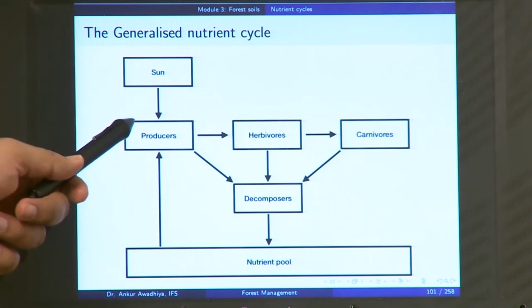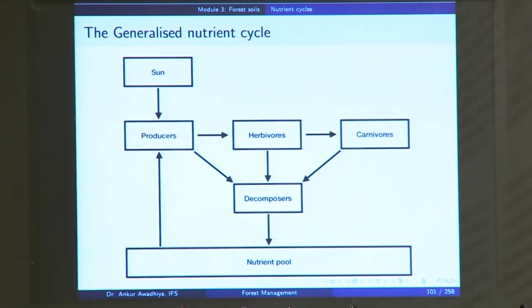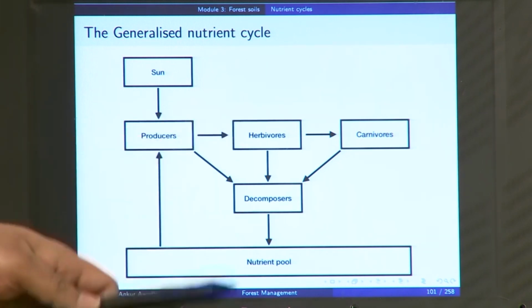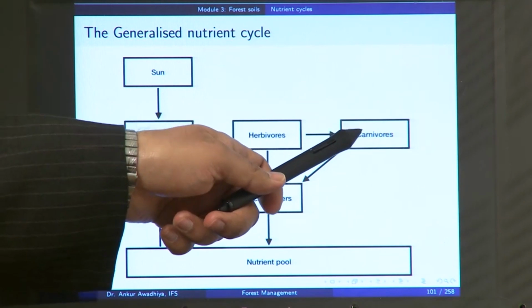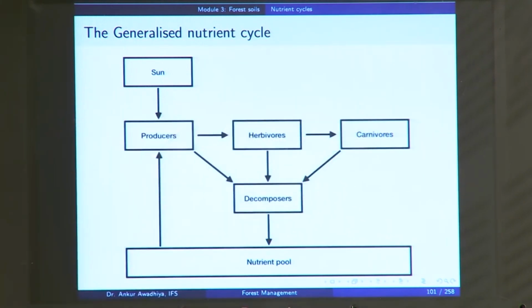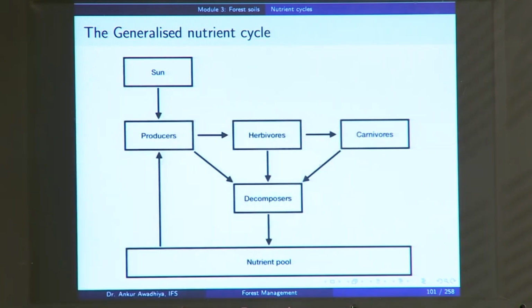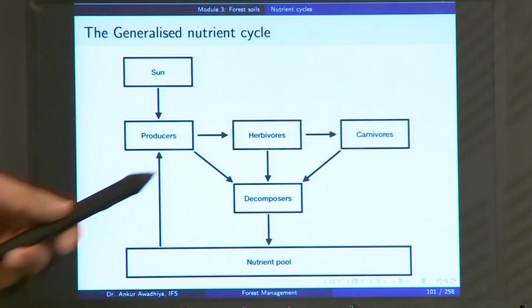And when these producers get eaten up by the herbivores, then these nutrients that were there in the bodies of the producers have now moved into the bodies of the herbivores. When the herbivores in turn get eaten up by the carnivores, then these nutrients move into the bodies of the carnivores. And the producers, the herbivores and the carnivores, when they die off or when they produce excreta or dung, then all of these are eaten up by the decomposers.